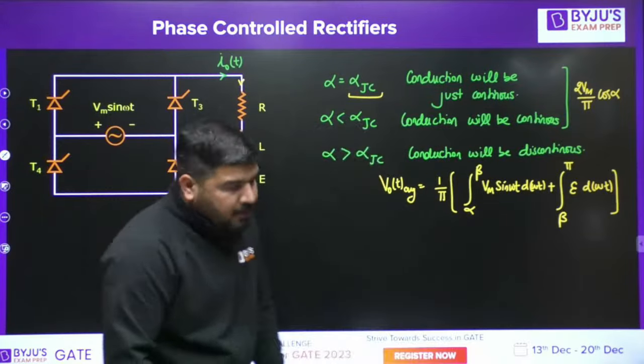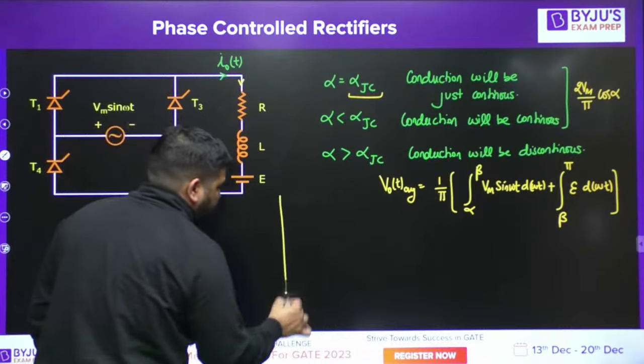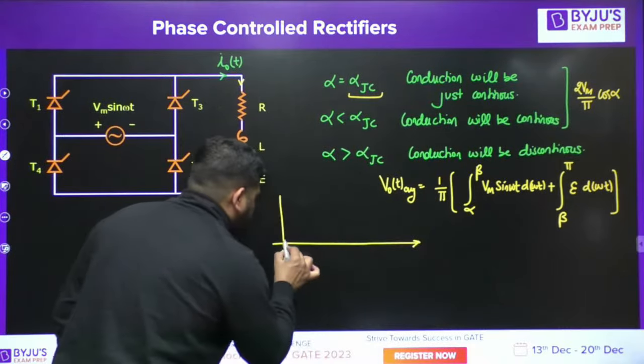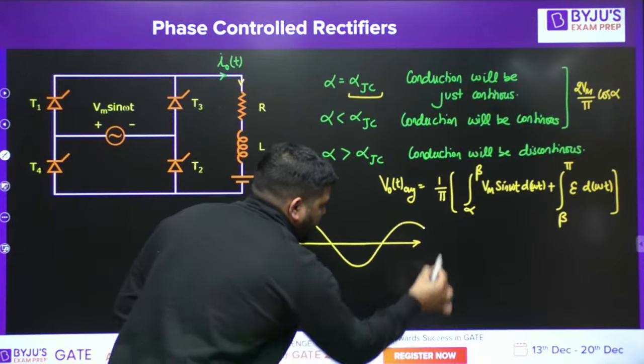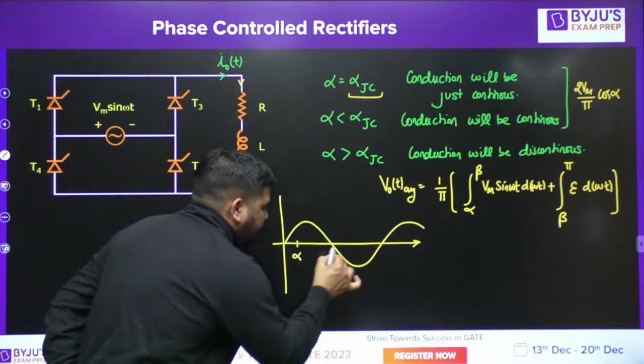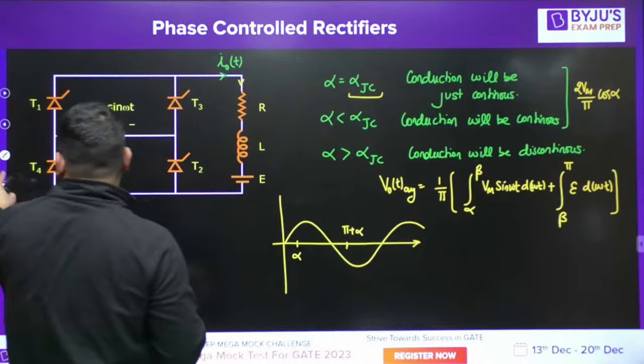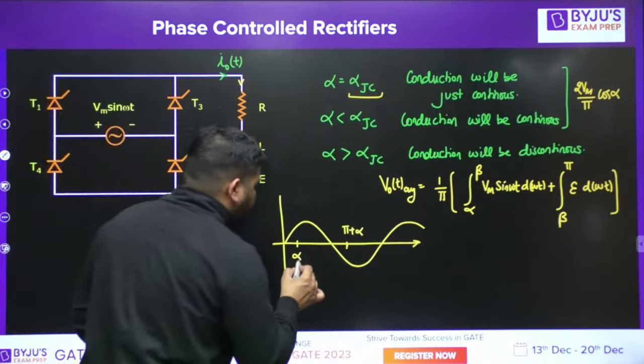So what you need to do is write the equation for the current. Let me write the wave shape. This is the supply voltage, we know that. Now at alpha we have fired T1 T2, at pi plus alpha we have fired T3 T4. What will be the output voltage for just continuous case?